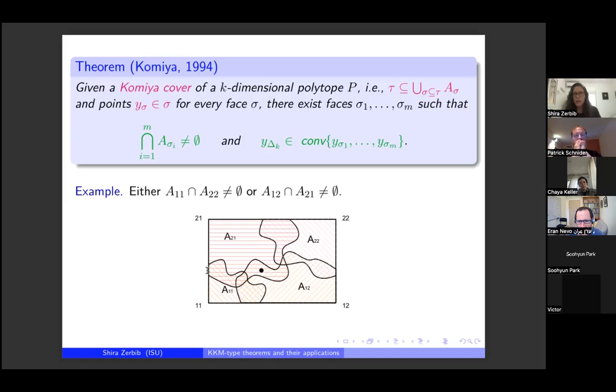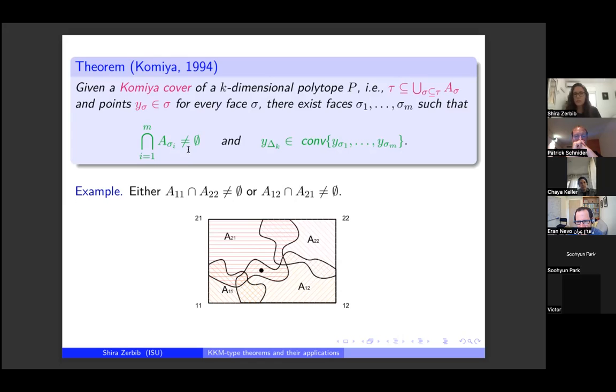since this is a Komiya cover, the theorem tells us that there exist faces such that the intersection of the sets is not empty, and the barycenter of the rectangle, which is a point here, is in the convex hull of the barycenters of these faces.